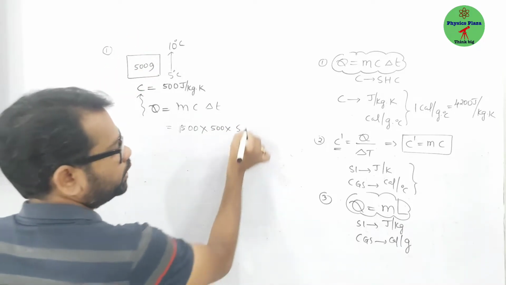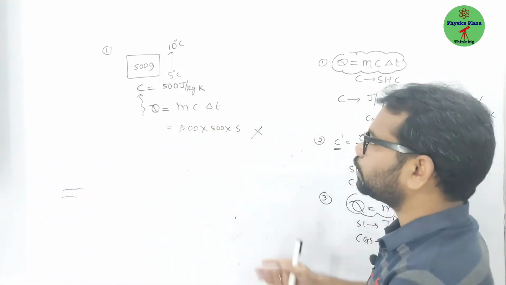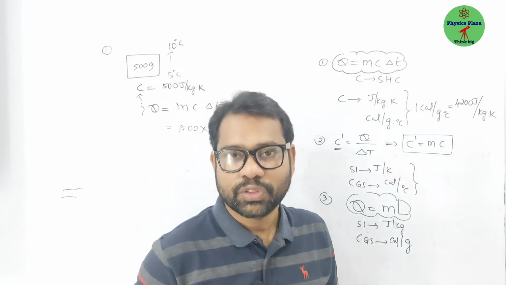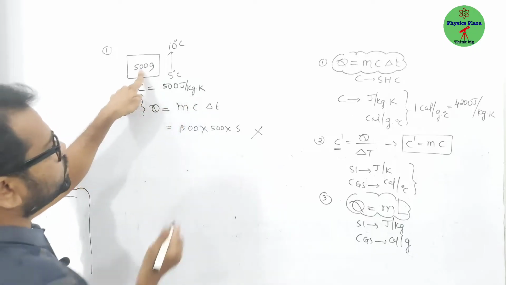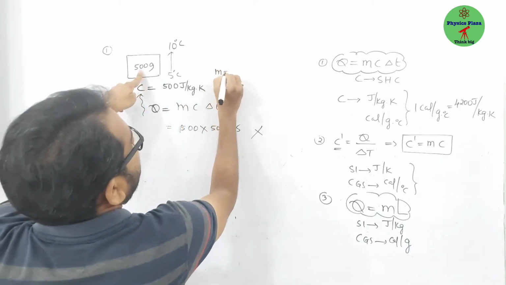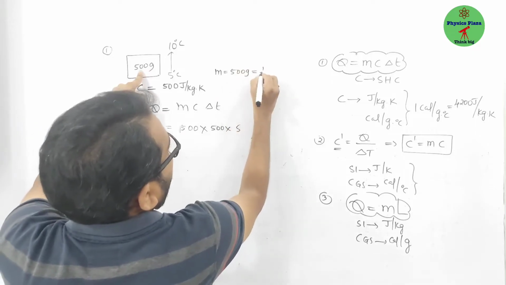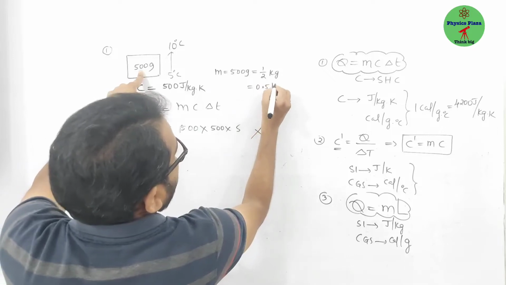You do it, but you get a wrong answer. Why? Sir, we are using the correct formula, correct substitution, everything we did, but why do we get a wrong answer? Children, here c is per kg, but the mass is in grams. So this has to be converted. 500 grams is nothing but 500 by 1000, that is 0.5 kg.